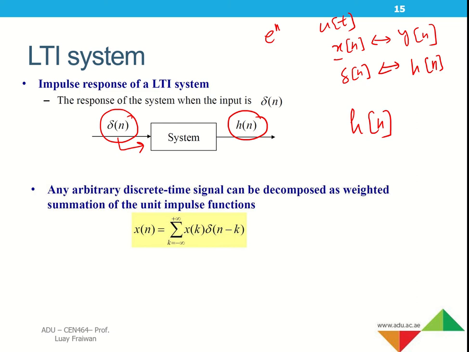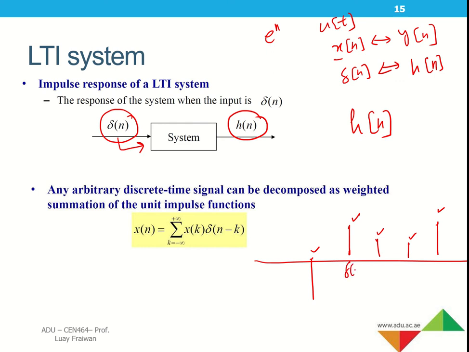If we have any arbitrary discrete time signal, we know that we can represent that signal as a weighted sum of unit impulse functions. For example, if this is one discrete time signal, these are just impulses at different locations. Any general discrete time signal can be decomposed as a summation of unit impulse functions.